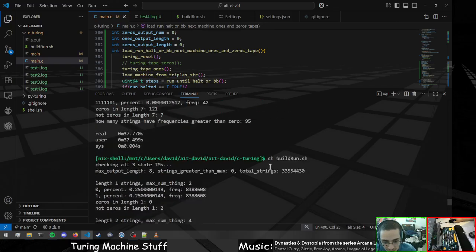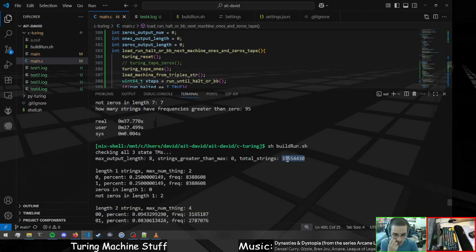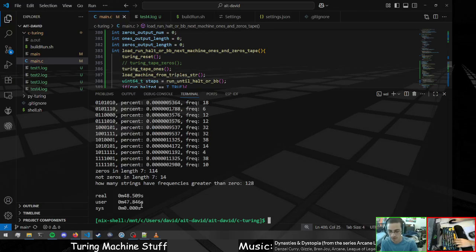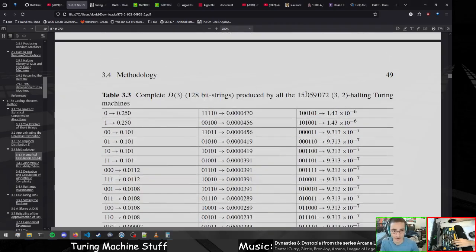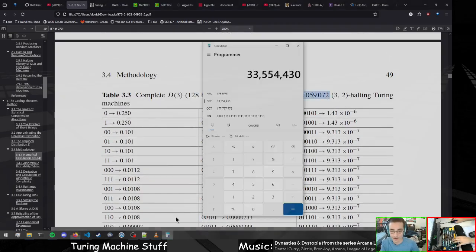I don't know what they did. This number, again, I keep getting a multiple of whatever these people were getting. So let's do this divided by their number. And it's 2. Again, what is happening here?